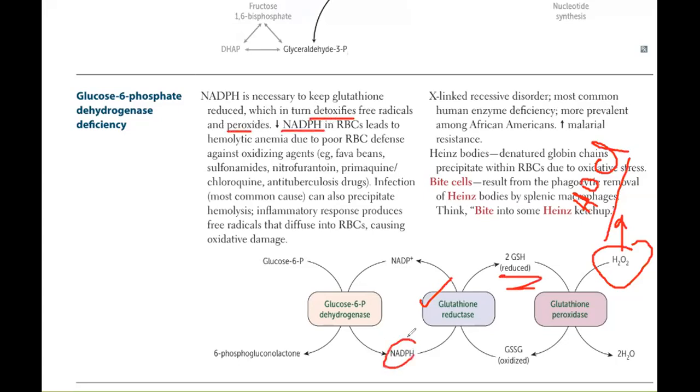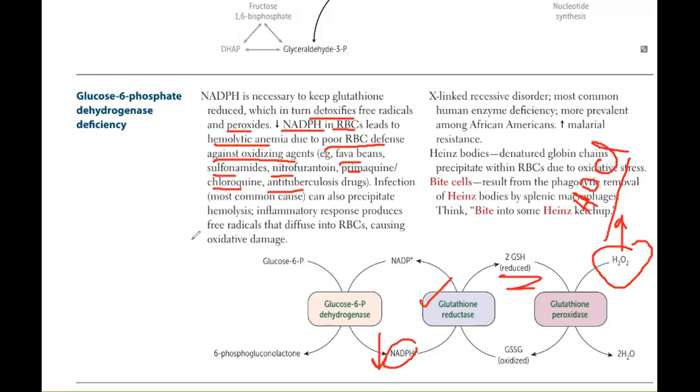Decreased NADPH in RBCs leads to hemolytic anemia, that is, RBCs will break down due to poor RBC defense against oxidizing agents. These include lots of drugs, fava beans, sulfonamides, nitrofurantoin, primaquine for malaria, chloroquine for malaria, and anti-TB drugs also.